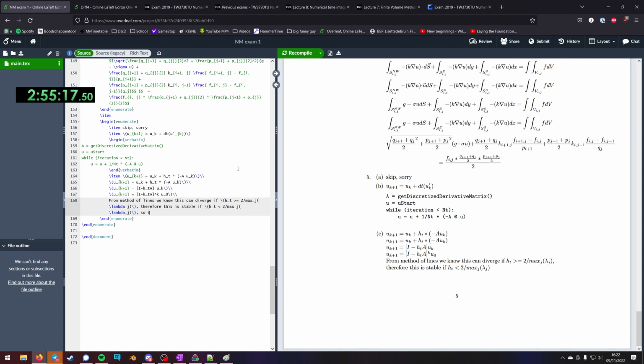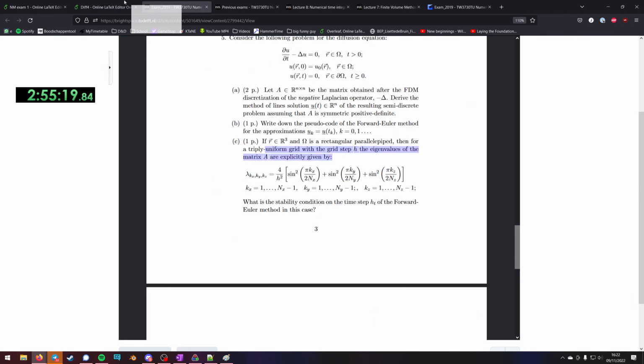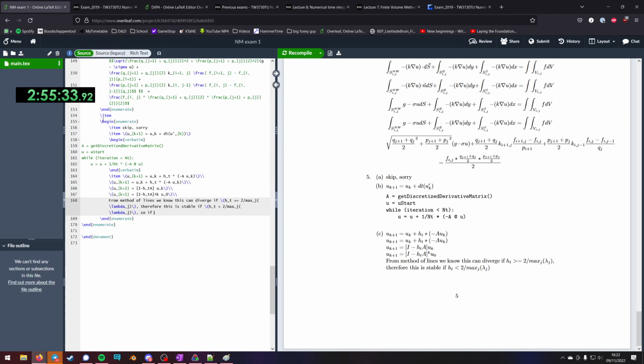And from this we can say that it's sine, so sine squared is a maximum of 1, so it's 12 over h squared is the eigenvalue. So that will become max j is 12, then this becomes 1/6, and h squared.